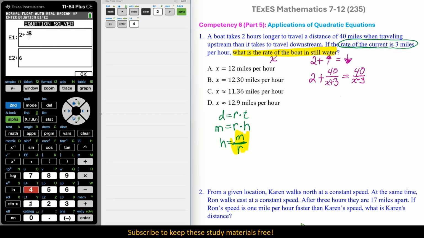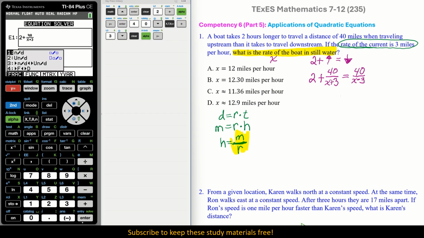And so we put 40 over x plus 3. Then you arrow down, clear out whatever's in there, and we need our fraction. And that will be alpha y equals, and push enter again, and 40 over x minus 3.